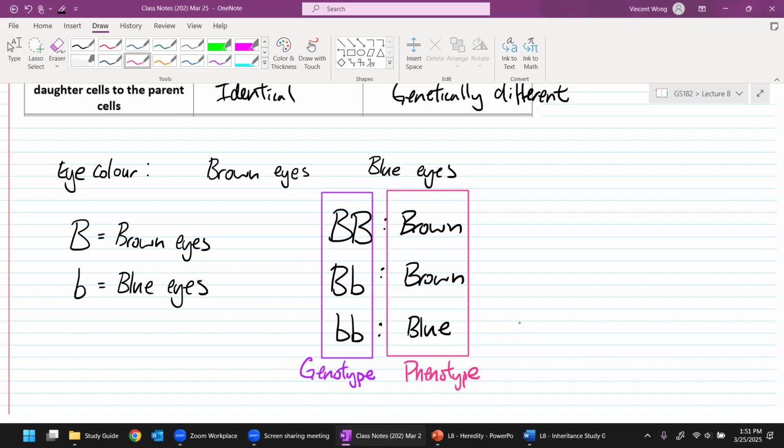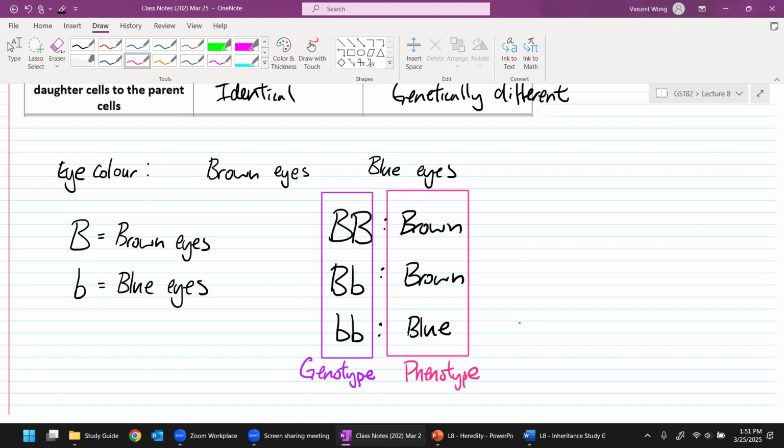If you see someone with brown eyes, and a lot of us have brown eyes here, then we cannot be certain whether the person is big B, big B, homozygous, or big B, small b. Even if I look at their parents, I might not know for certain. Their parents can have brown eyes, but it's not certain that they're going to be big B.